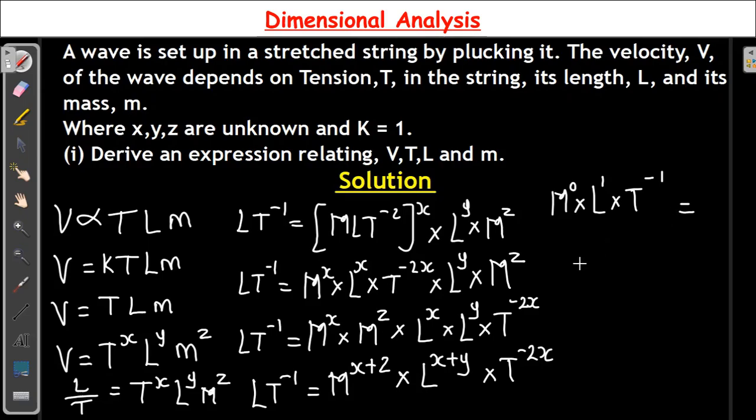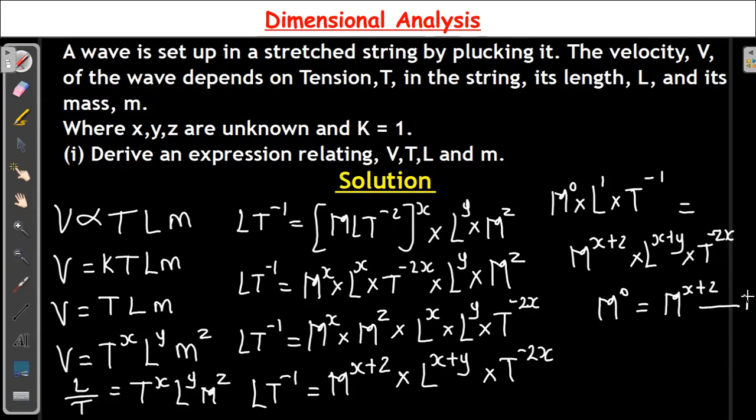is equal to m to the power of x plus z times l to the power of x plus y times t to the power of minus 2x. At this junction, you will then compare indices. So compare m to m, l to l, and t to t. Something like this. m to the power of 0 right here is equal to m to the power of x plus z, equation 1.